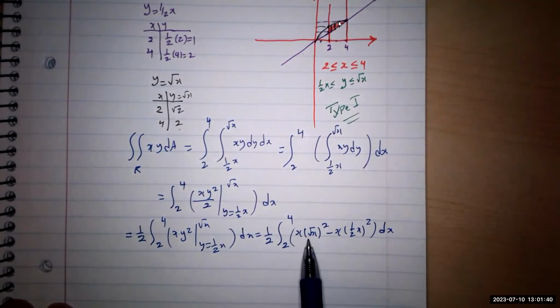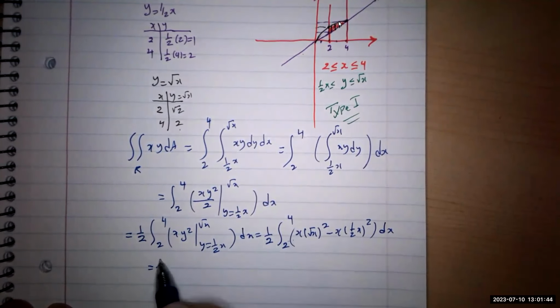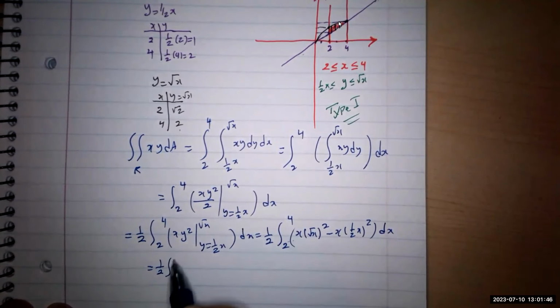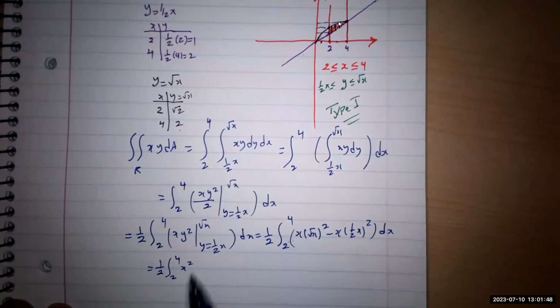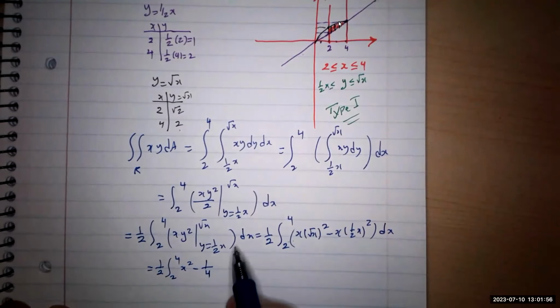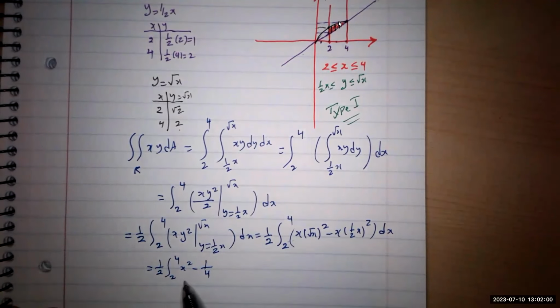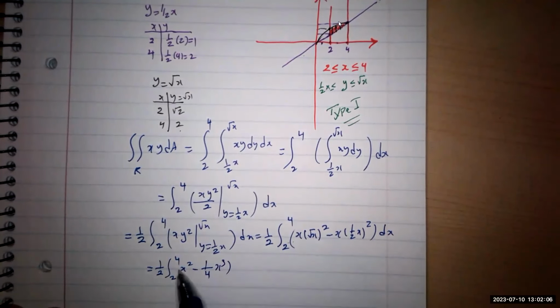Radical x squared is x, and x times x is x squared. So that gives 1/2 integral from 2 to 4 of x squared, and over here, 1/2 x squared is a quarter x squared, so minus a quarter x cubed, the dx.